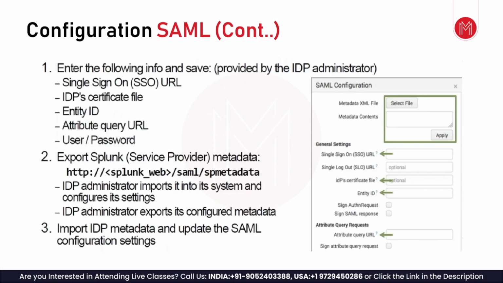A single sign-on IDP's certificate file is required, entity ID, attribute query URL, some user and passwords, and you should also export Splunk metadata. So you should give some URL, and the IDP administrator will be helping us with all these requirements. They will import it to the system and configure its settings. The IDP administrator exports its configured metadata, imports IDP metadata and updates SAML configuration settings.